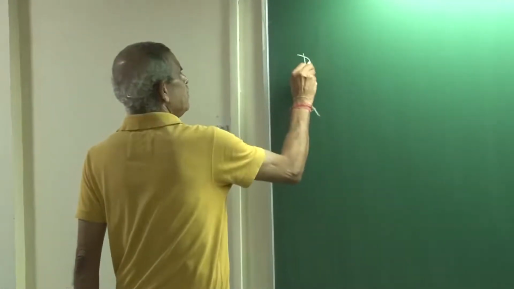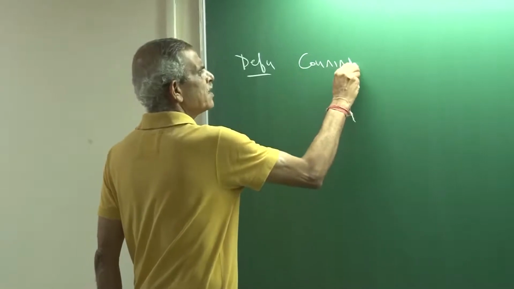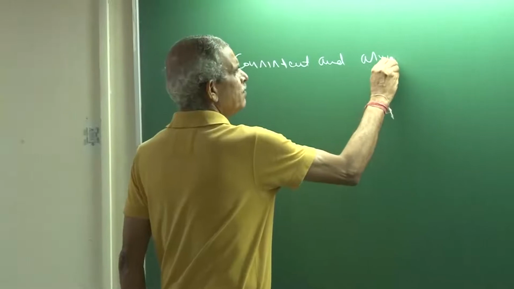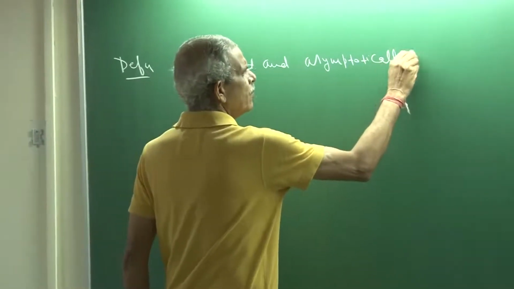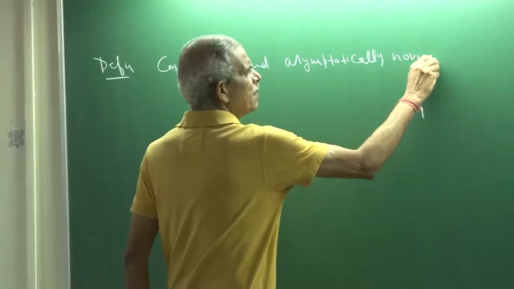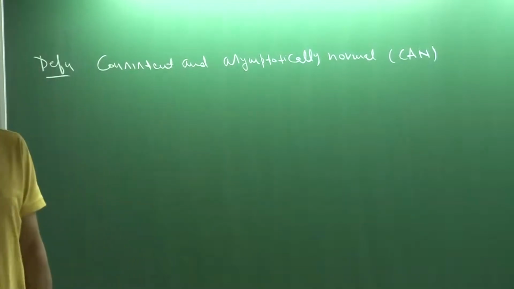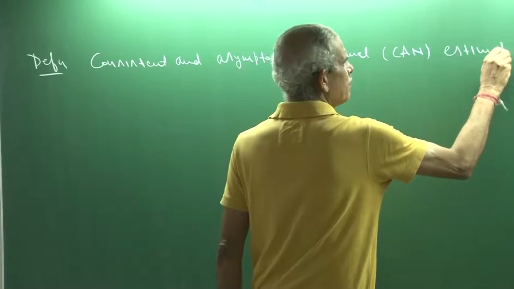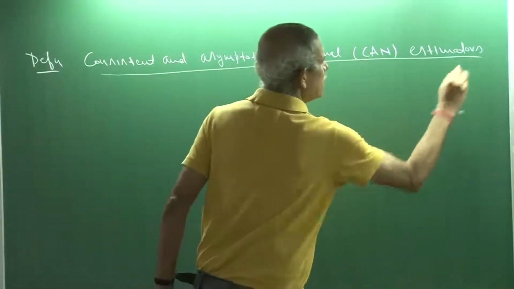But for that, first let me give a definition of CAN estimators. Consistent and asymptotically normal, commonly denoted by CAN estimators. So what are those estimators?